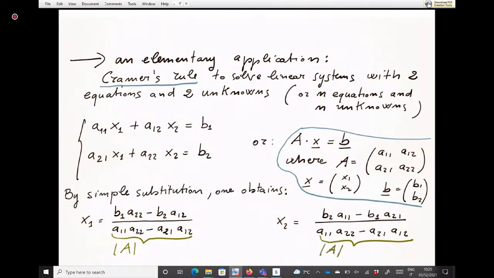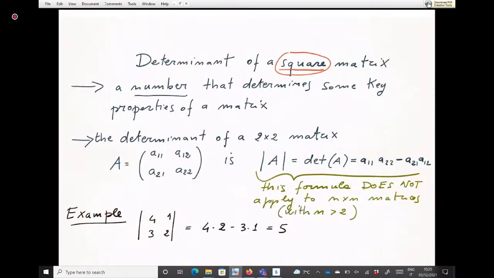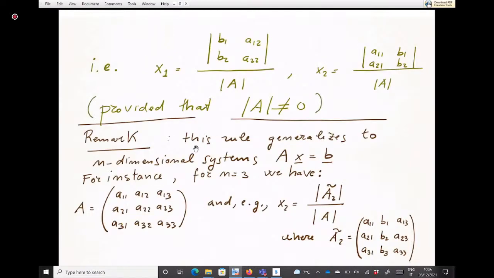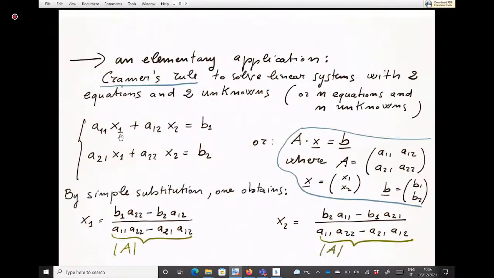Look how Cramer's rule works. This is one possible rule to solve a system with n equations and n unknowns having a coefficient matrix with a non-zero determinant. So suppose that we have this system: A11x1 plus A12x2 equal to B1, A21x1 plus A22x2 equal to B2.